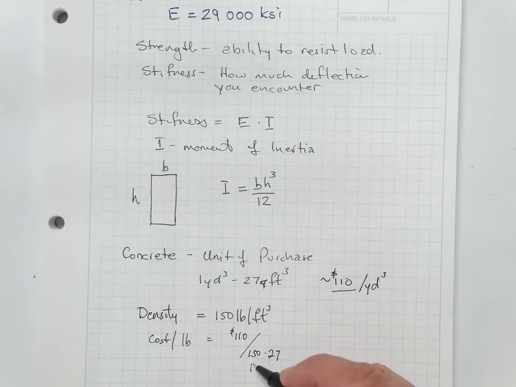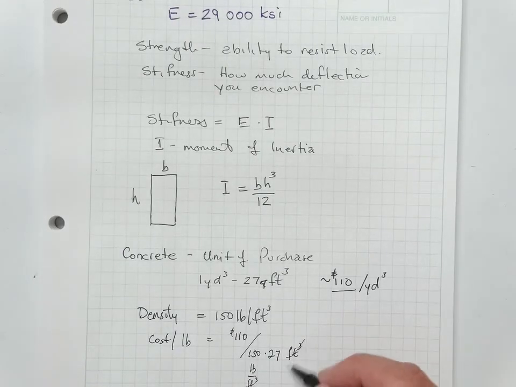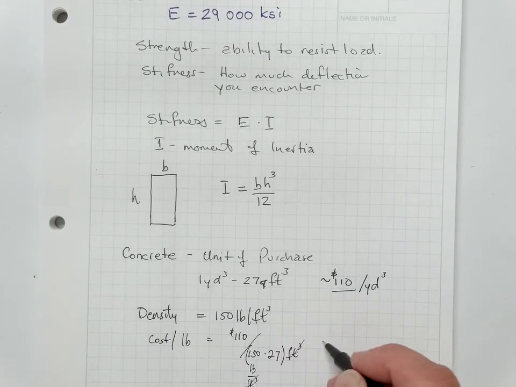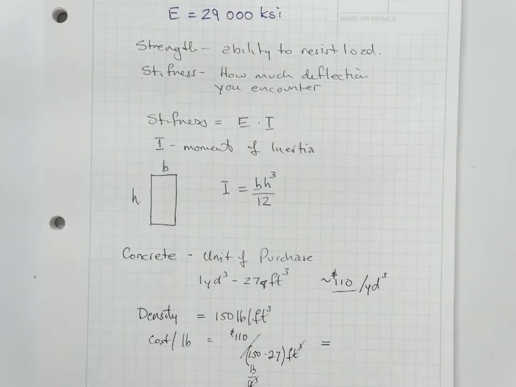This is in pounds per cubic foot. This is cubic feet. This is going to give me a price in dollars per pound. So what's 110 divided by all of 150 times 27? Give us our price per pound.